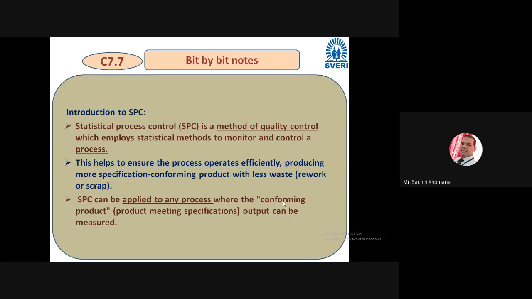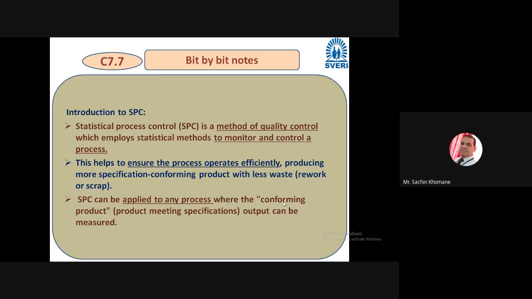Also, it produces more specification conforming product with less waste. Since you are having a continuous watch on your process, even if you find one defective product, you immediately take corrective action, right?